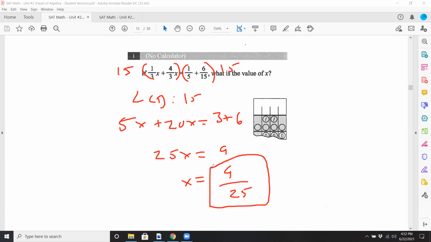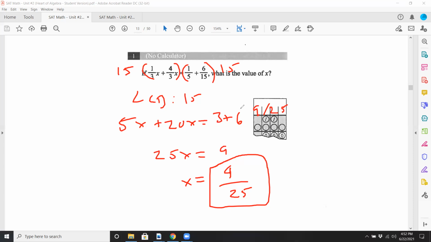So that's all. And you would just grid it like this, 9/25. Or you could put it as a decimal too, if you want to, but that's a little harder without a calculator. So that should be fairly straightforward, hopefully.